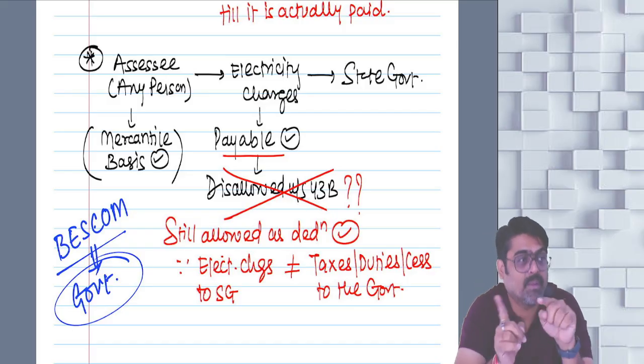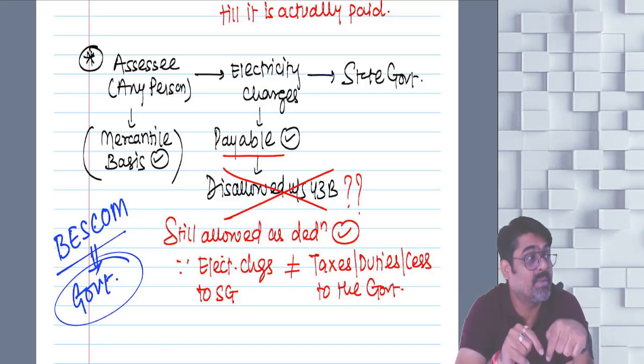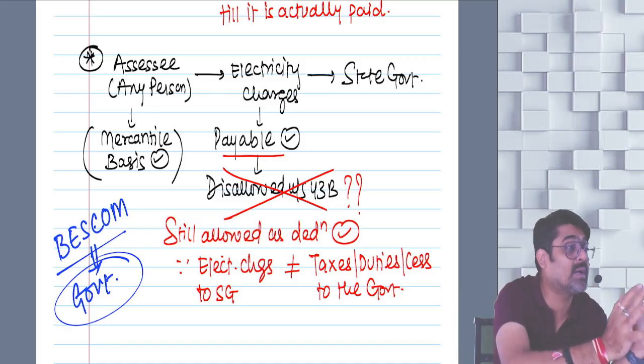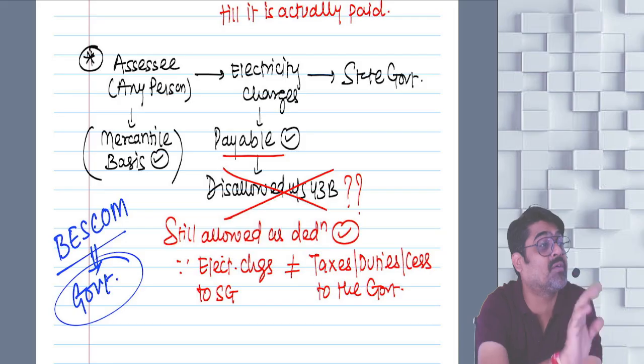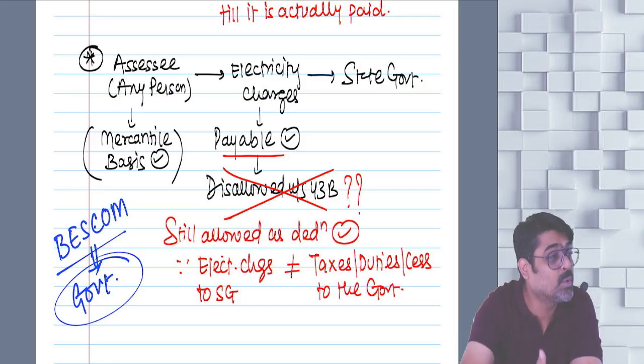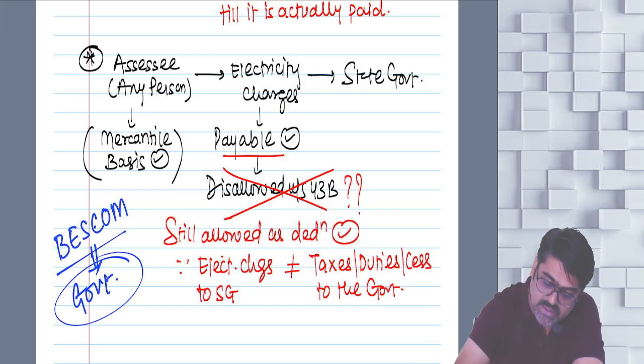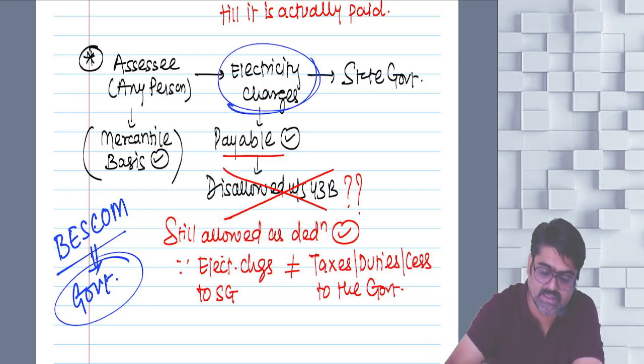Because even if these charges are supposed to be paid to the government, they are not in the nature of taxes, duties, cess, etc. under any law. They are electricity charges.